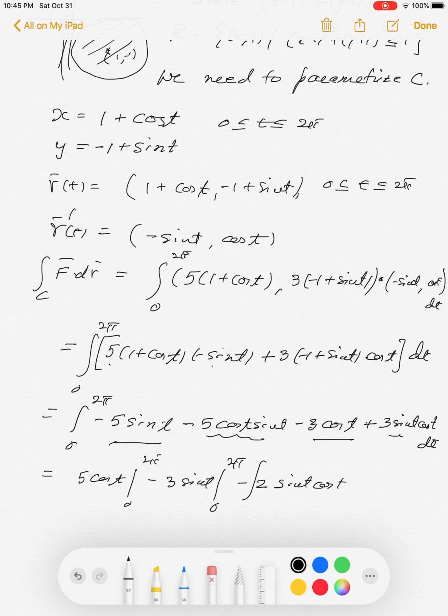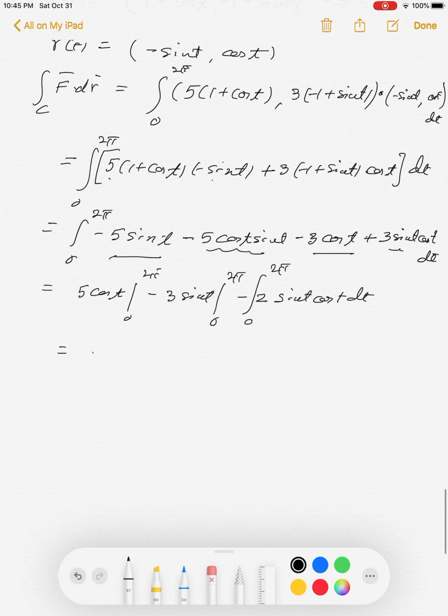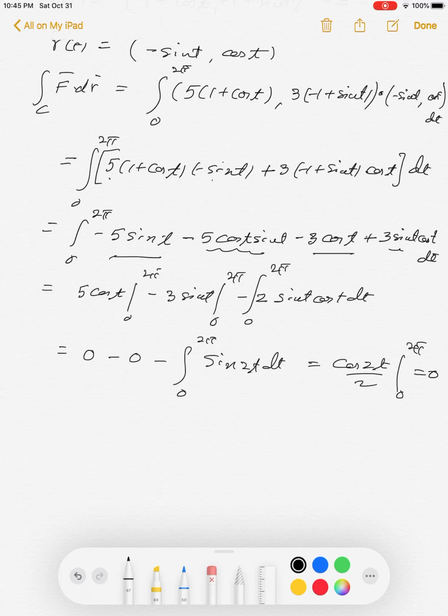These two quantities will add up to give you minus 2 sin t cos t, integral from 0 to 2 pi dt. So this will turn out to be 0 minus 0 minus, and if you know your double angle formula, this is just sine of 2t. So this will be cos 2t by 2 from 0 to 2 pi, and that will be 0 because cos is periodic with period 2 pi. So the line integral turned out to be 0.